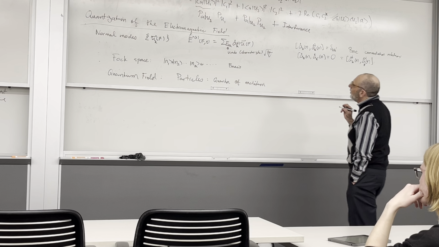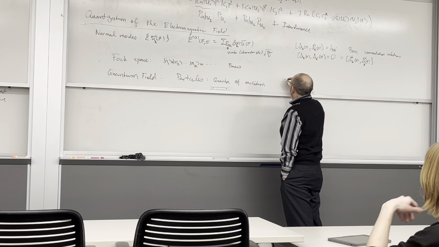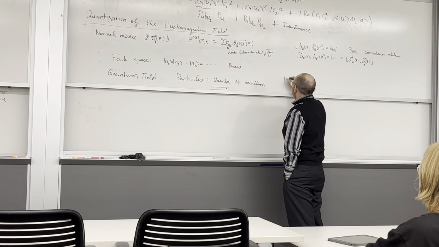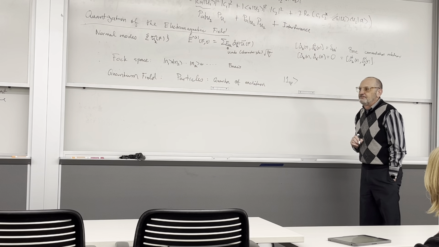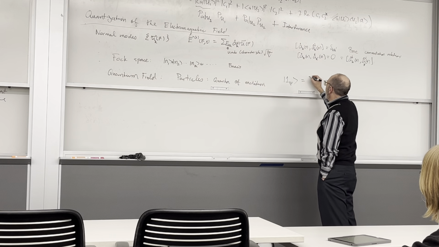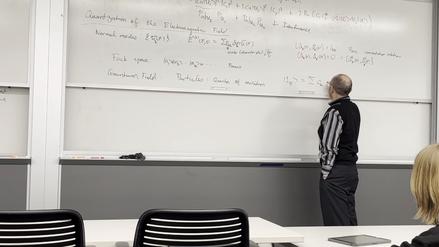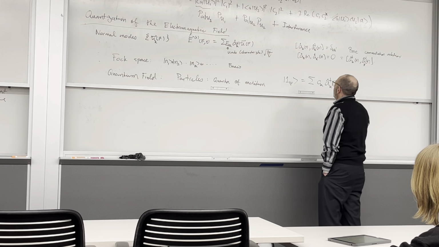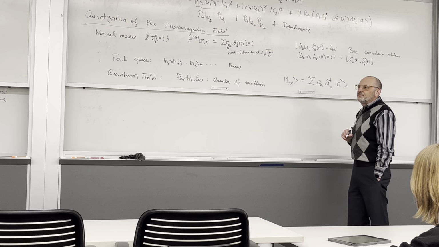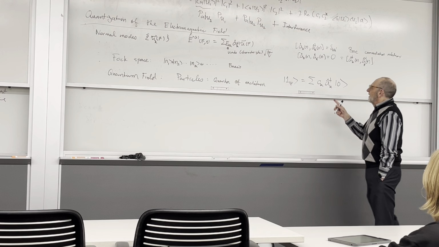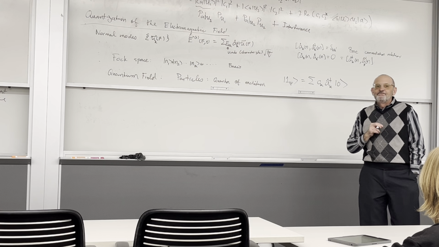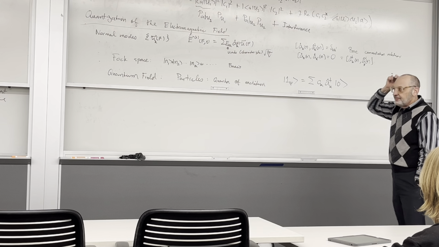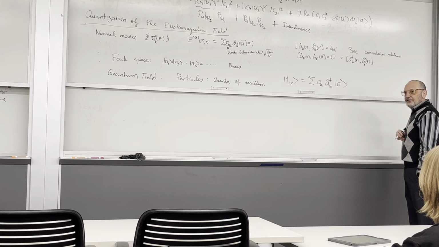So for example, I can have a state, a 1 photon state in some wave packet, which I would write as a superposition like that. This state is an eigenstate of the number operator. Do you see that?